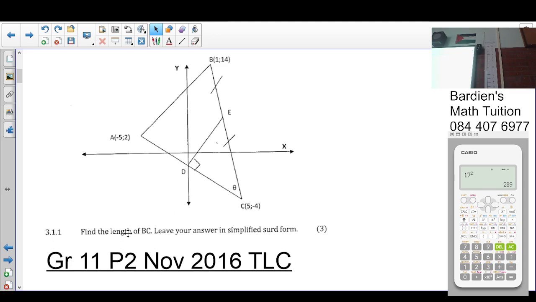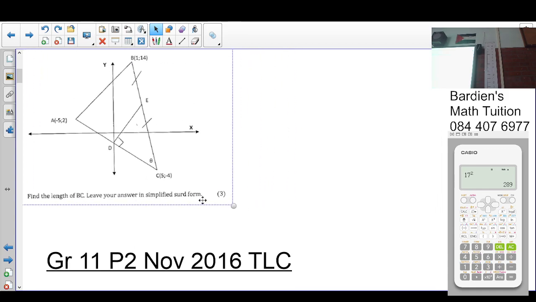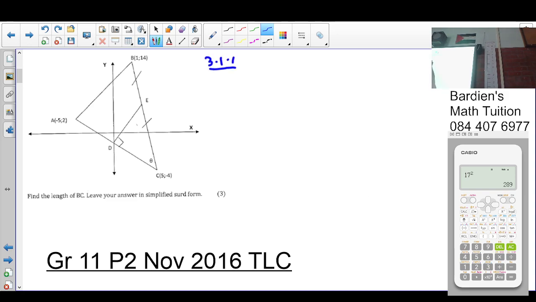The question says find the length of BC. This is 3.1.1.